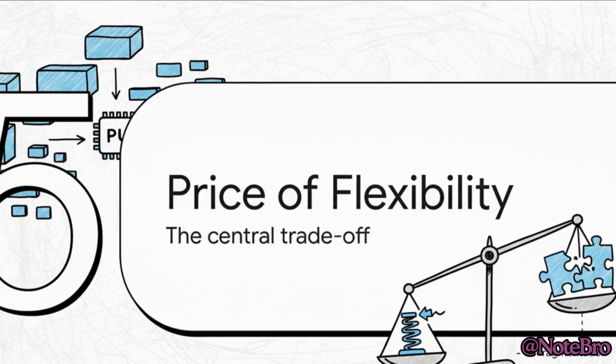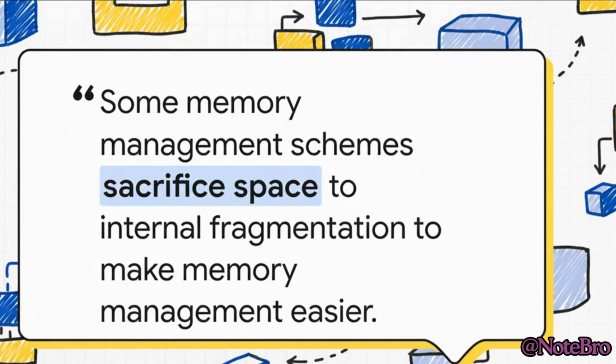And this brings us right to the core trade-off, the constant balancing act that's at the very heart of how all this memory management works. This quote from the source material really just nails it. It's saying that sometimes it's actually smarter to accept a little bit of predictable waste inside a block, that's internal fragmentation, if it makes the whole system simpler and helps you avoid all those chaotic, useless little gaps that you get from external fragmentation.